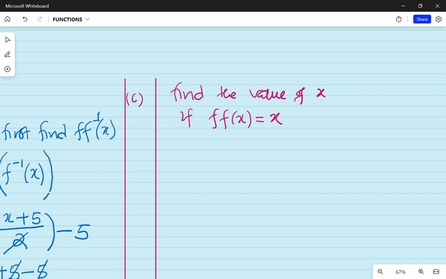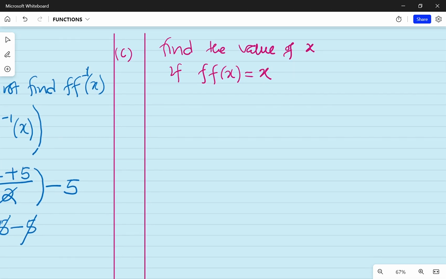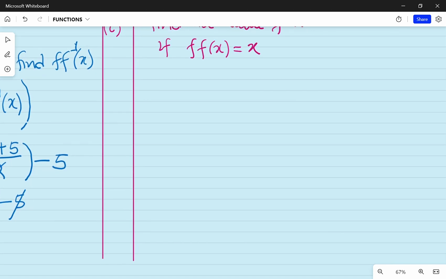To find this one, the first thing that you have to do is to find f of f of x.